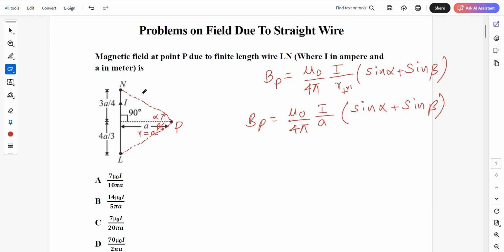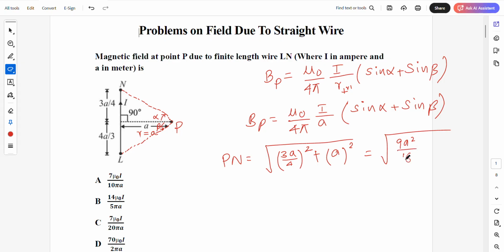PN is equal to what? Square root of 3a by 4 the whole square plus a the whole square. That is equal to square root of 9a square by 16 plus a square.